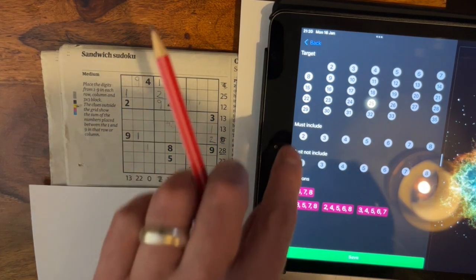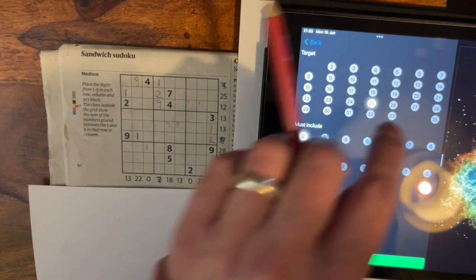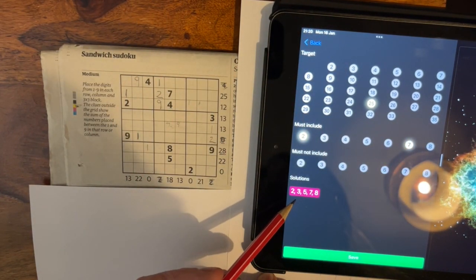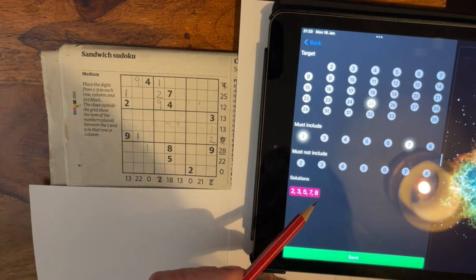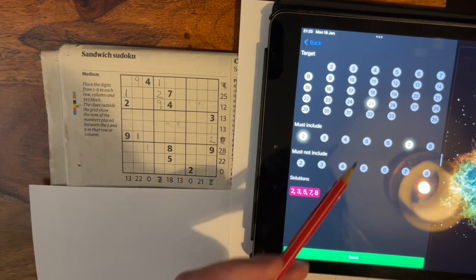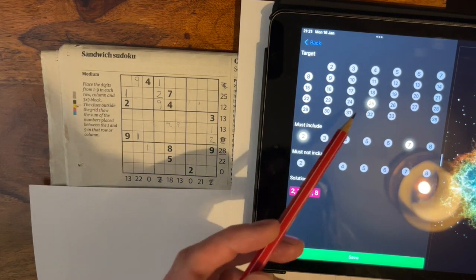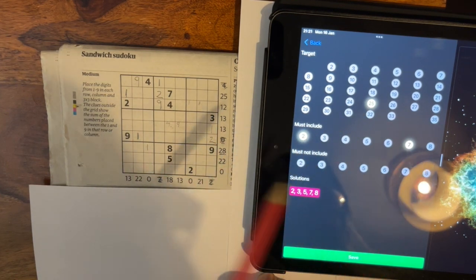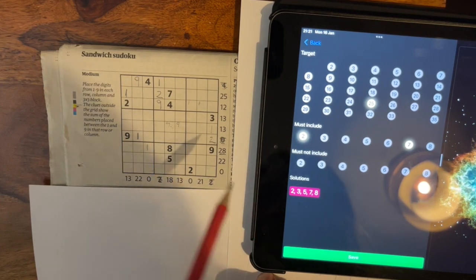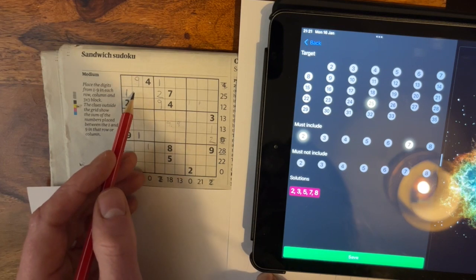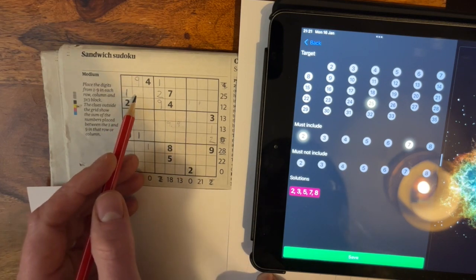So I can say must include 2 and 7. And fantastic. So I know the exact combination of digits that are going to go inside that, because this is the only combination that adds up to 25, including a 2 and a 7. So again, that would have taken a while to figure out, but I've got there a bit quicker.